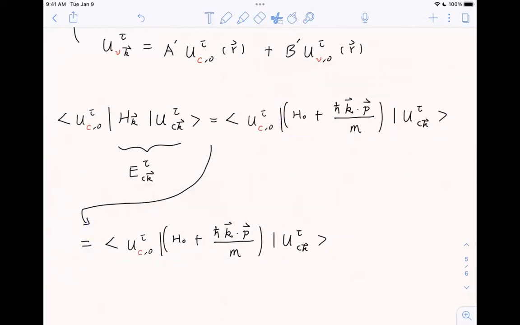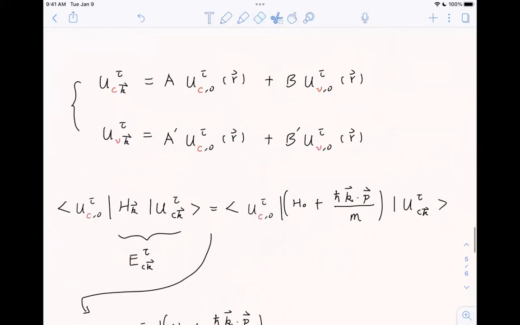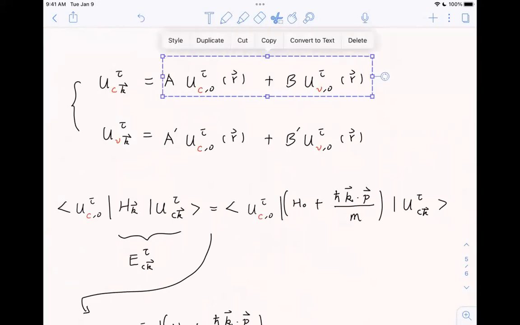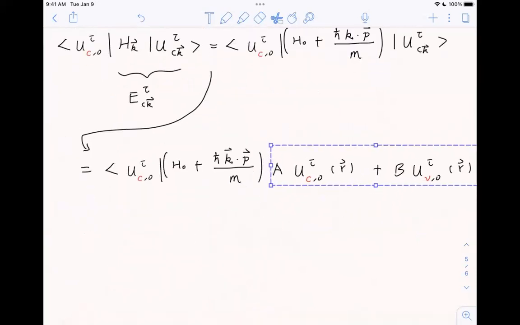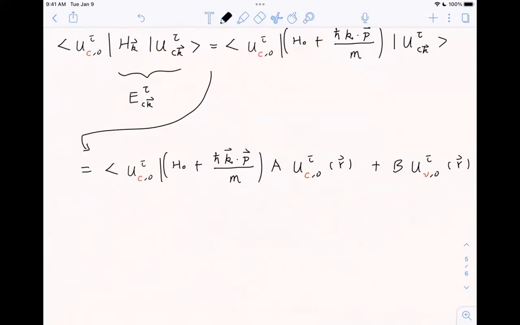This one, then you're going to use the expansion. You're going to use this. Then you need to expand it.